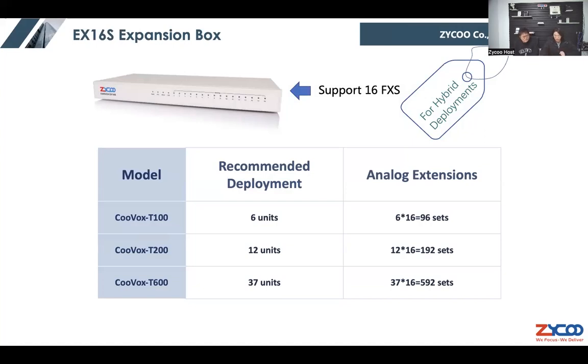For example, if you have a project requiring 150 analog phones, you will need to choose the T200S and 12 EX16S, which will provide you 192 ports.